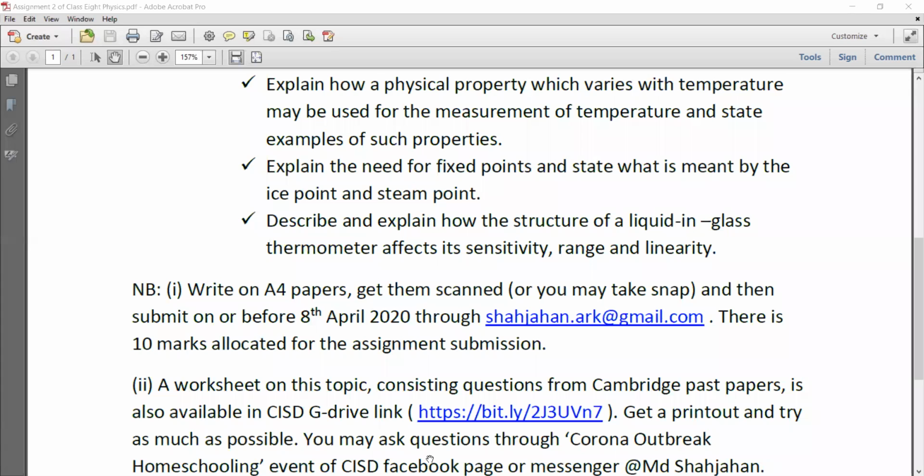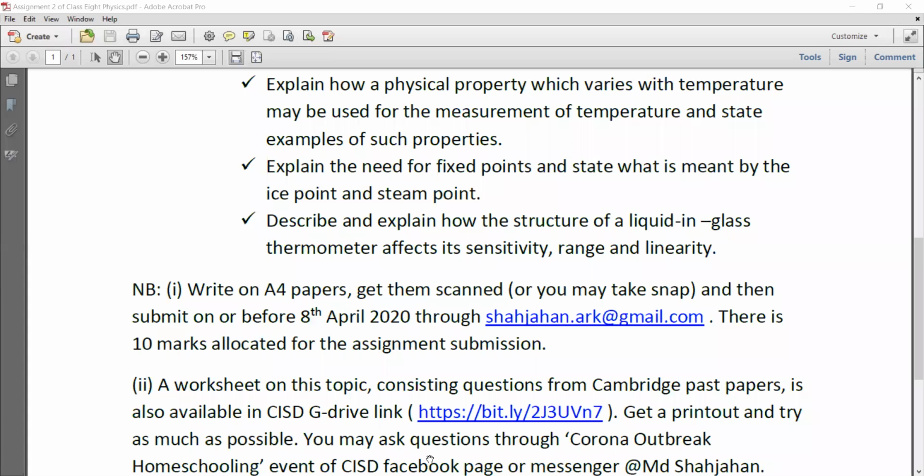So what is the range here? 110, right. Another example: one thermometer has a lower limit of 20 degrees Celsius and an upper limit of 200. Then what is the range? 180. It is called the range of the thermometer.